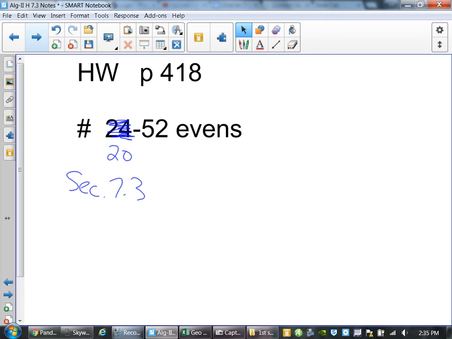For example, if I want to find the inverse of y equals x minus 2, well, exchange x and y and resolve for y.